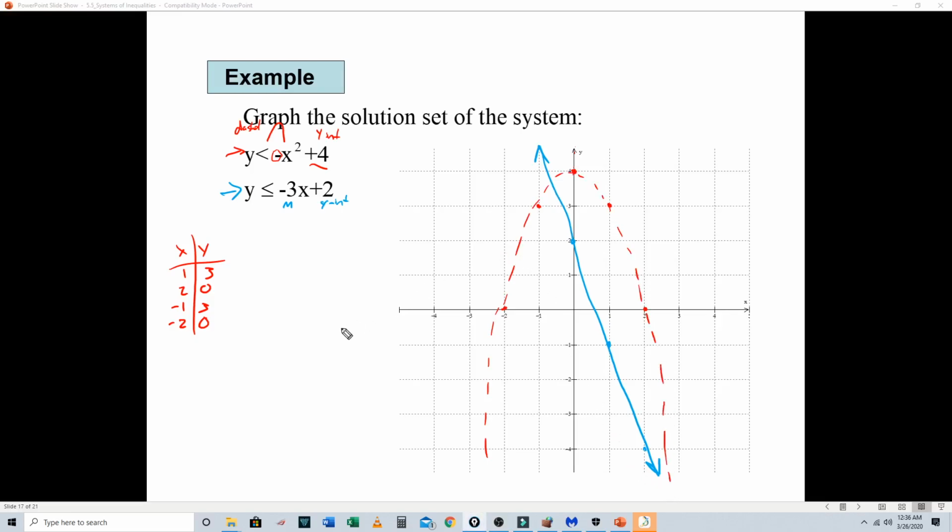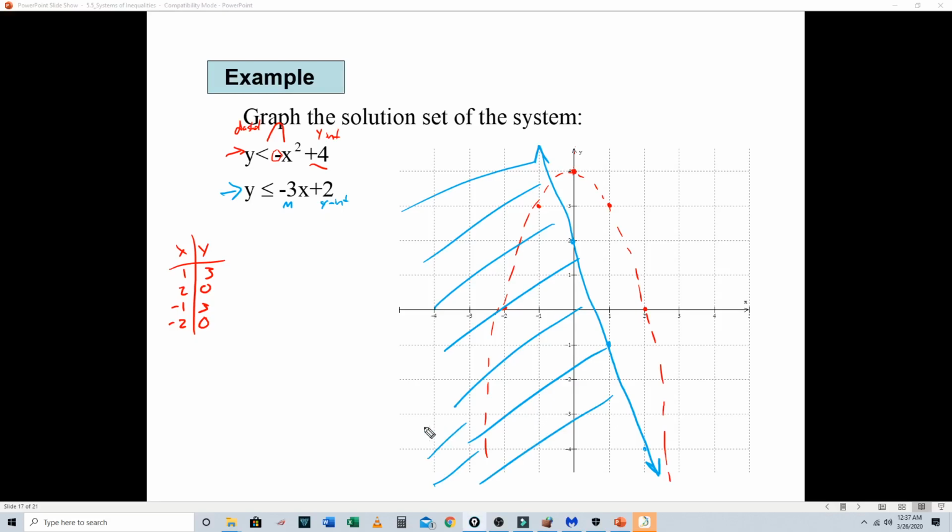Okay. Now the question is, where do we shade? Now for the blue line, we are going to shade down. Okay, so it's going to be in this direction. All right. Now the question is, for the red line, do we shade inside or outside?